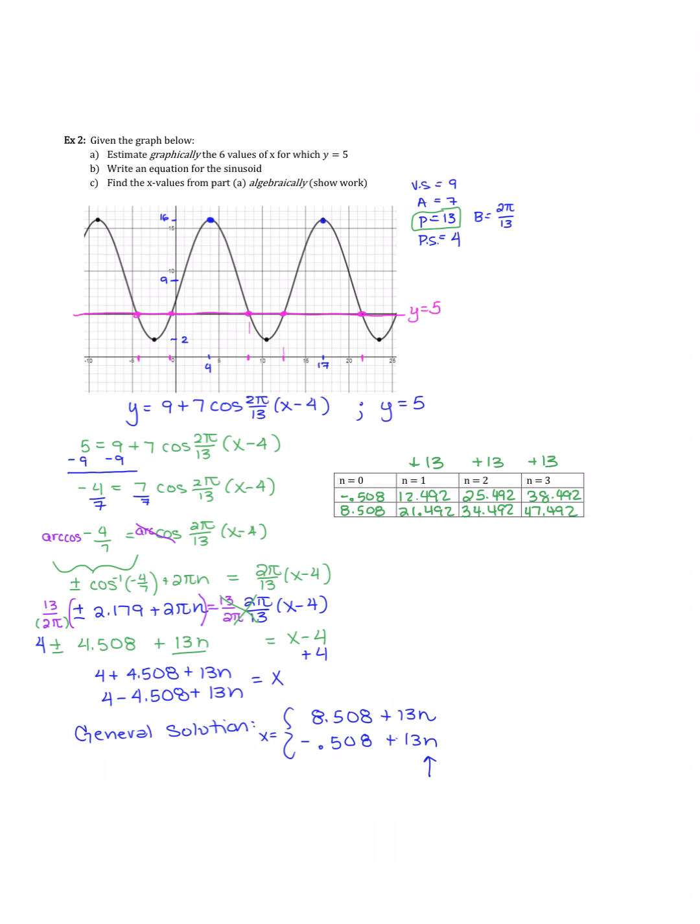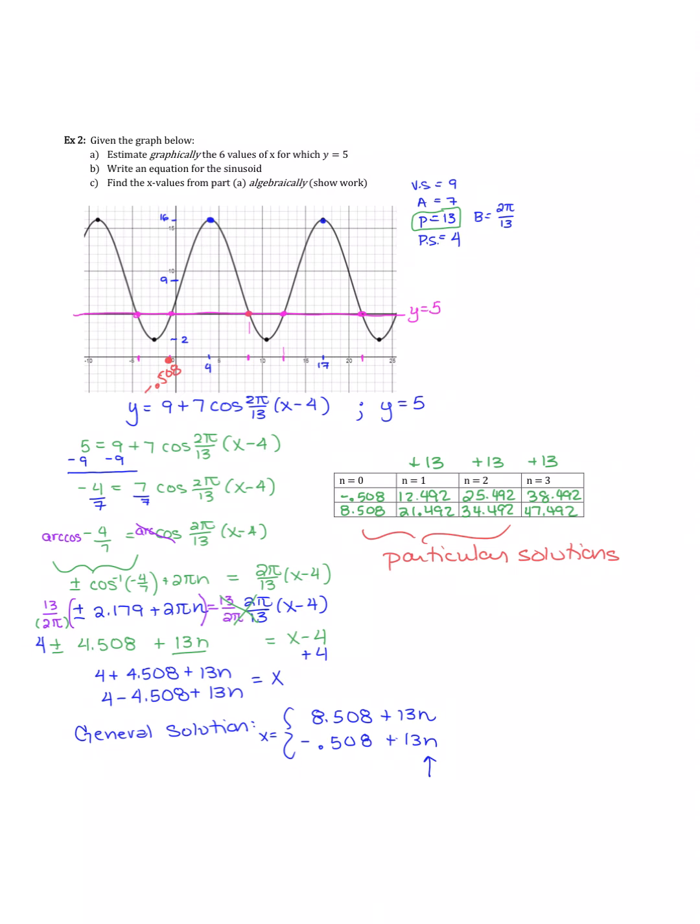All right, and these are called particular solutions, because they are the exact points where the line y equals 5 intersects our original graph. So I'm not going to find all of them. This was our negative 0.508, looking at our graph.